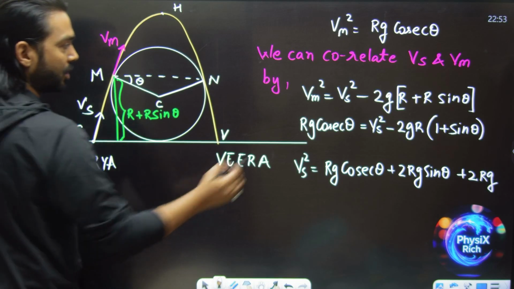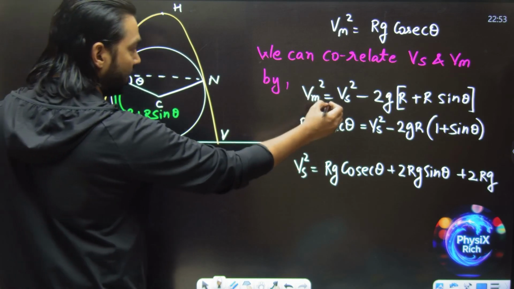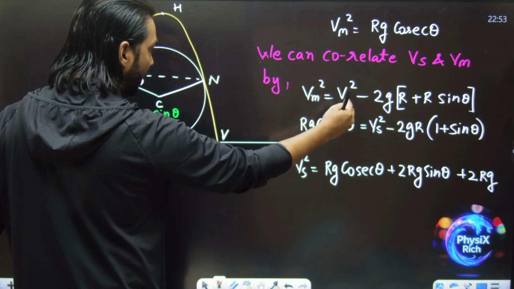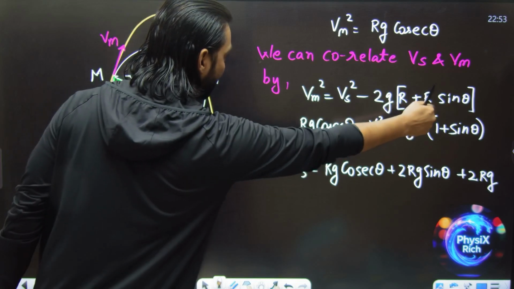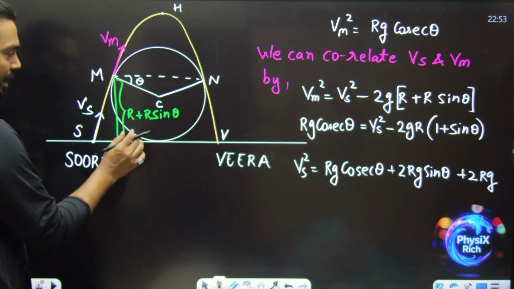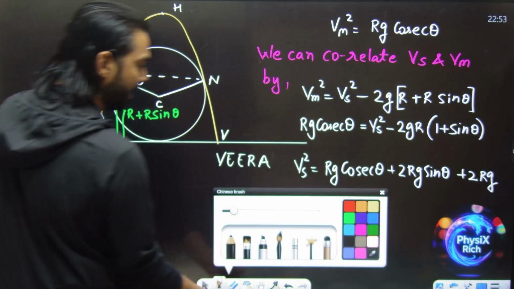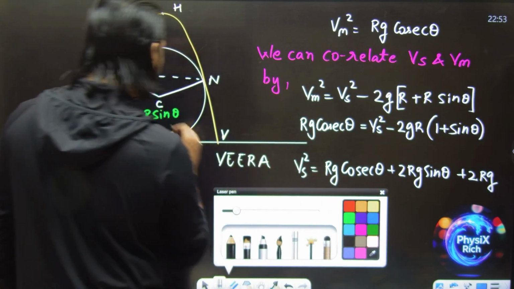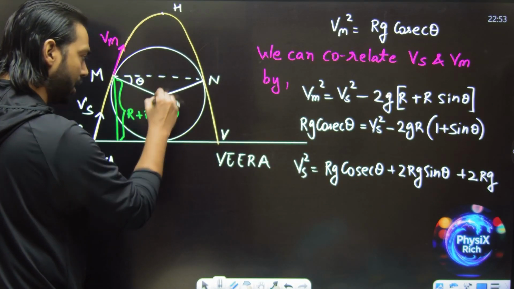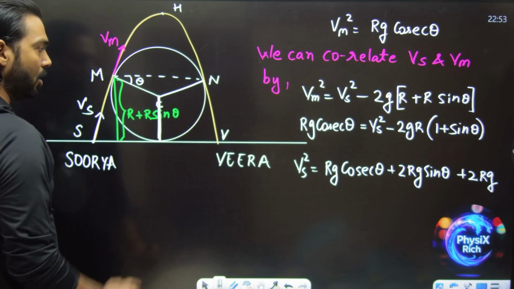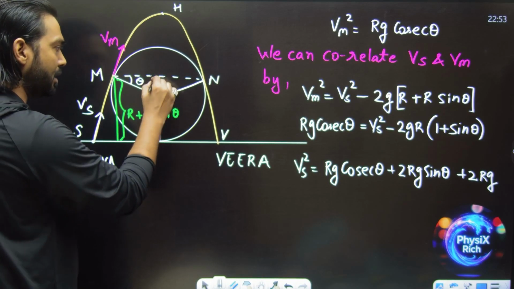So, the final velocity, Vm square, equals Vs square minus 2g times the vertical displacement. What is the vertical displacement? It is r plus r sine theta. If you check this out, you can easily find that this distance is r, this distance is r, and this distance is r sine theta.